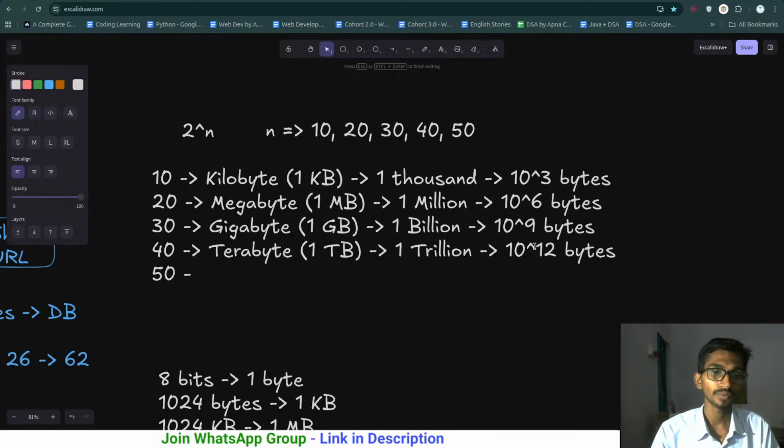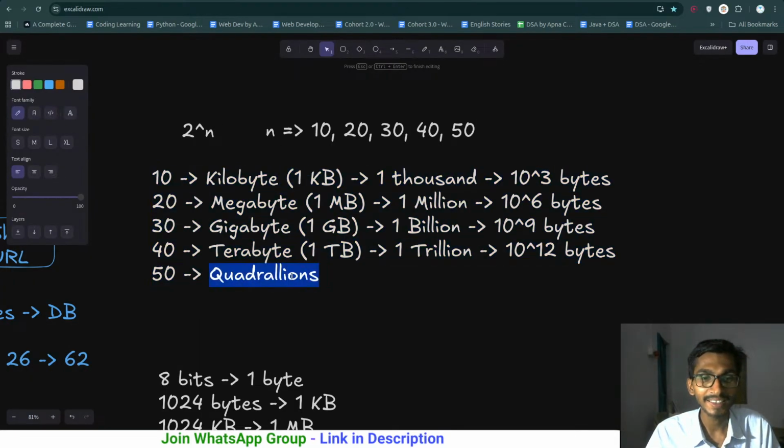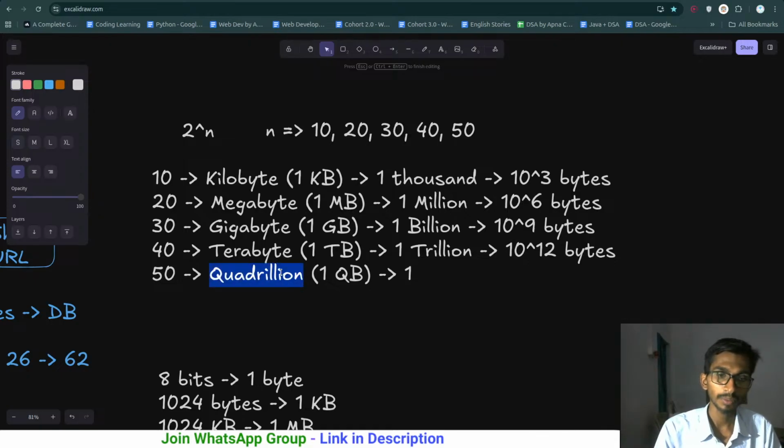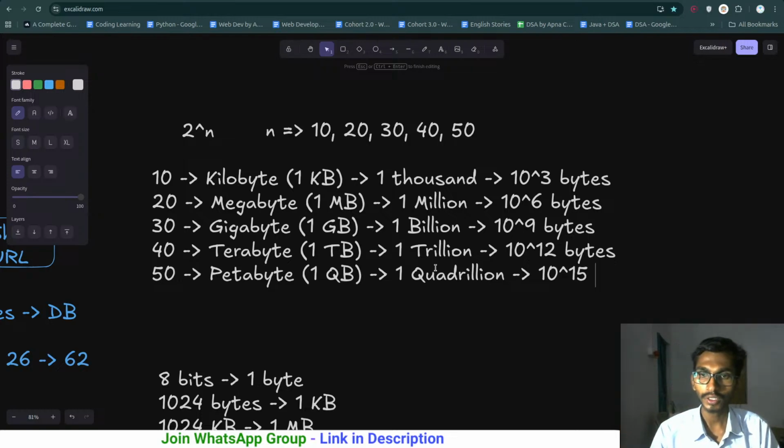And then you will have 2 to the power 50, which is called petabyte. That is 1 quadrillion, which is 10 to the power 15 bytes.